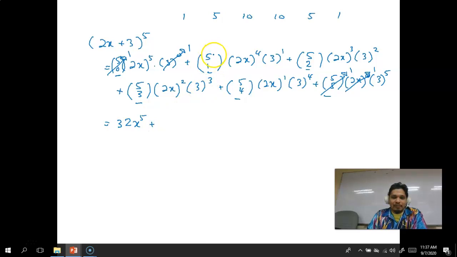Okay, and this becomes 5 here. 2 to the power of 4: 2 squared is 4, 8, and 16. 16 times 3 and times 5 equal to 240x to the power of 4. 5C2, which is 10. 2 cubed equal to 8. 3 squared equal to 9. 8 times 9, 72, and times 10, 720x cubed, plus 1080x squared, plus 810x, plus 243.